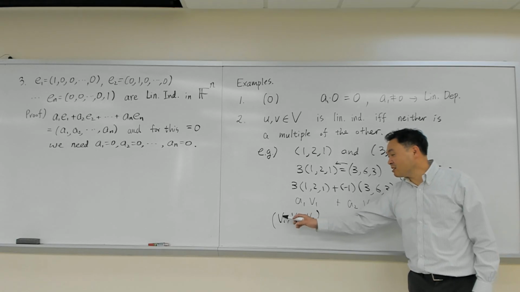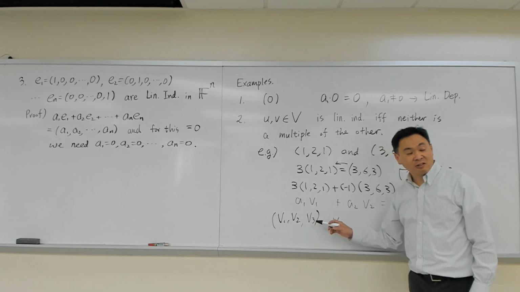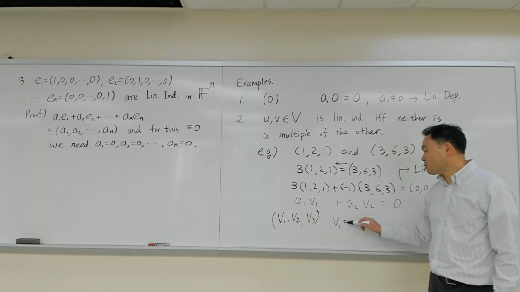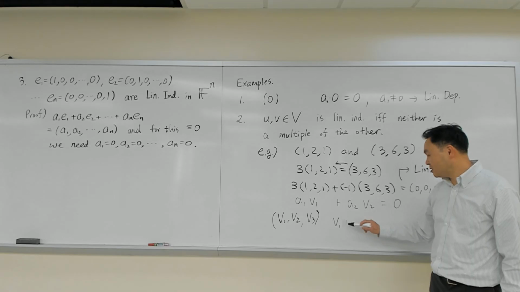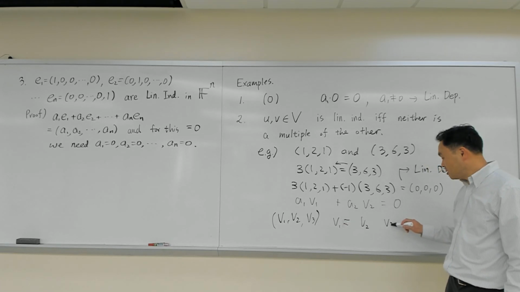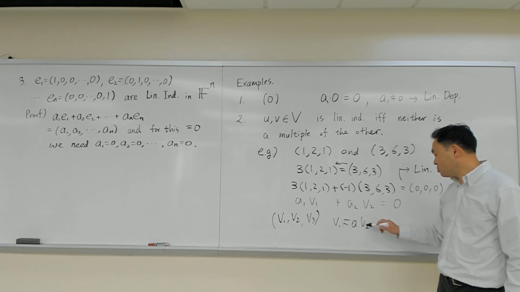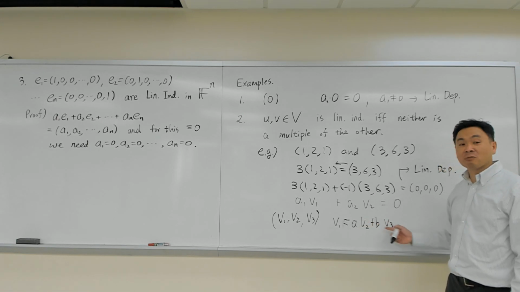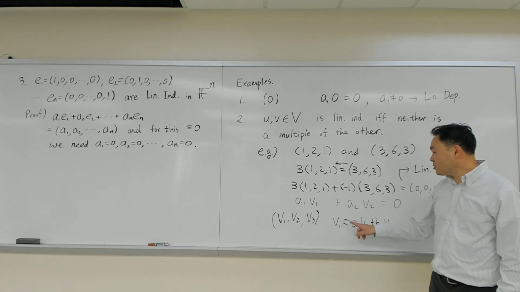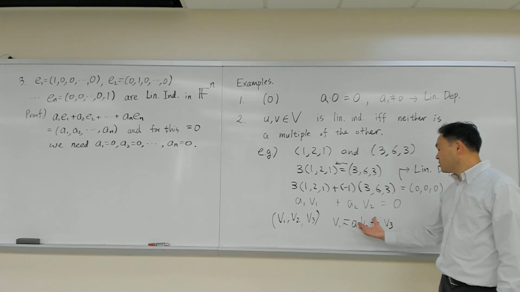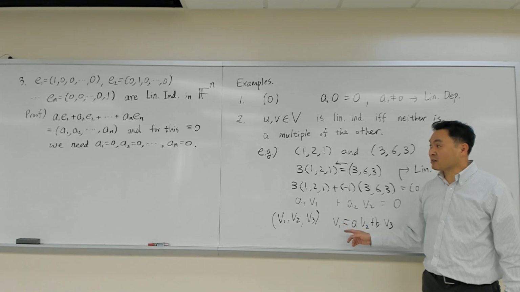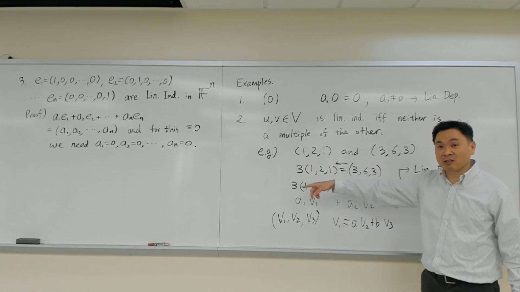So linear dependence means at least one of these vectors can be represented as a linear combination of the others. So something times v2 plus something times v3 happens for at least one of them. Now, if something like this happens, then you can always bring this equation to the other side. And in fact, they do look like our definition of linear dependence, okay?